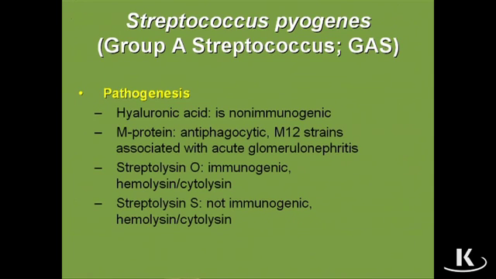Pathogenesis, again, you look at the virulence factors for strep pyogenes and you're like, man, there's a ton of stuff there. Agreed, there's a ton of stuff. Not everything you have to memorize, though, all right? It has an M protein, and that functions in an antiphagocytic manner.